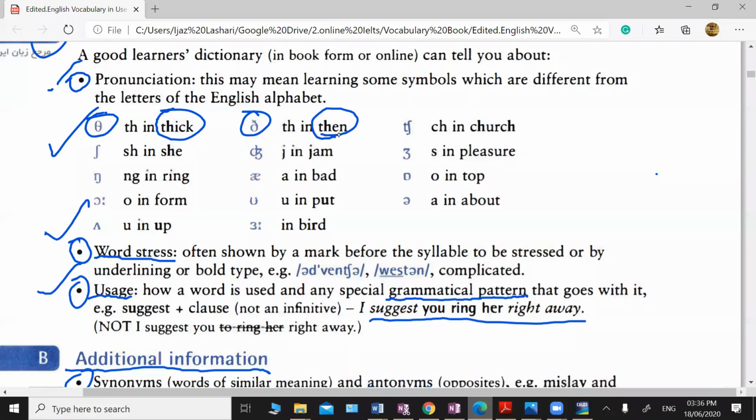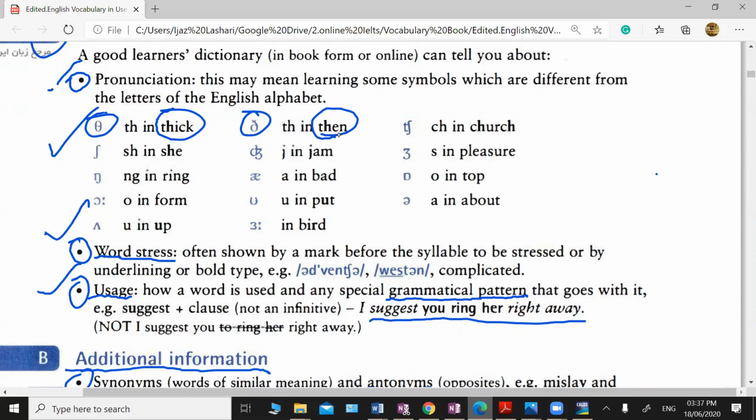Stress is on the second syllable in produce, okay. But what is stress? I'm waiting. Can you explain? Yes, there is one meaning of stress. Stress is something which we put focus on while speaking a word.